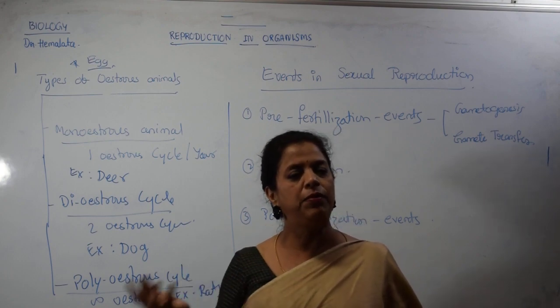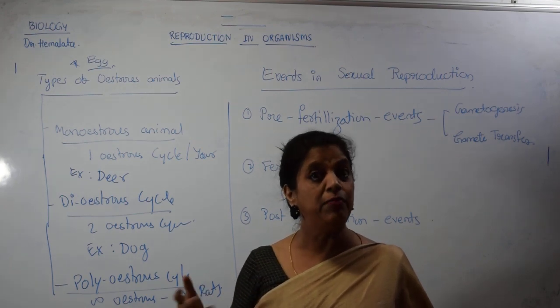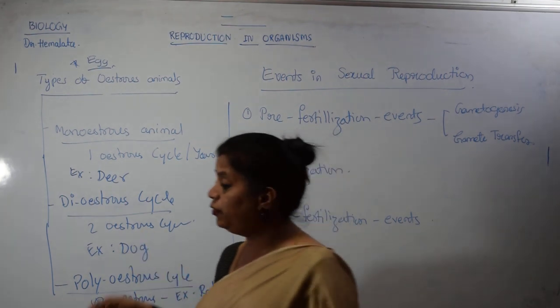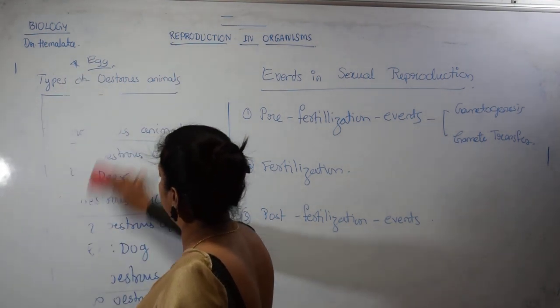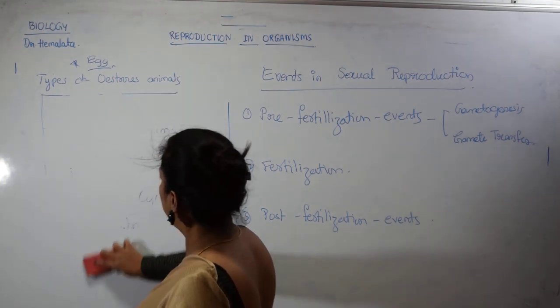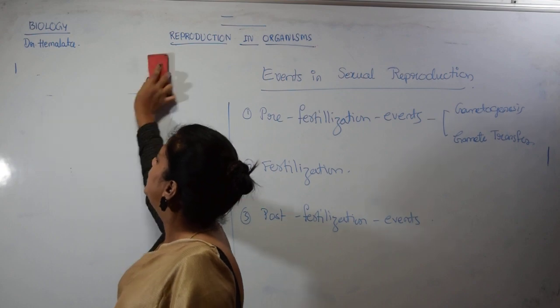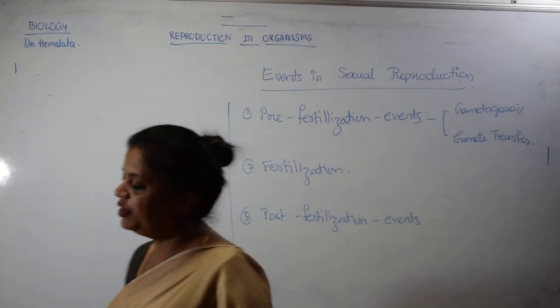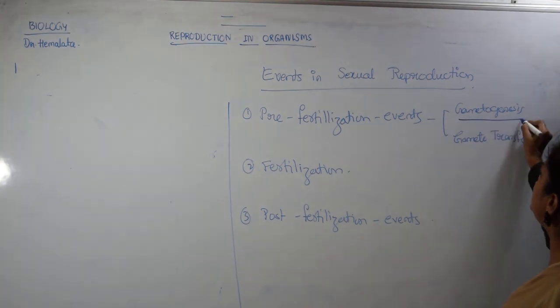Both male and females in their gonads produce their gametes if there is sexual dimorphism, right? After this I will give you sexuality in organisms. So gametogenesis will happen as a pre-fertilization event first, right? Then comes the fertilization.